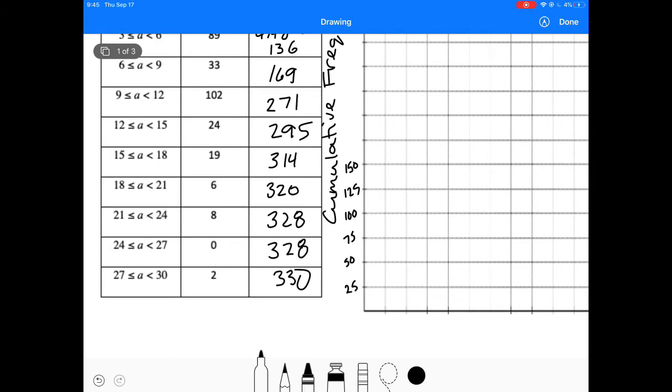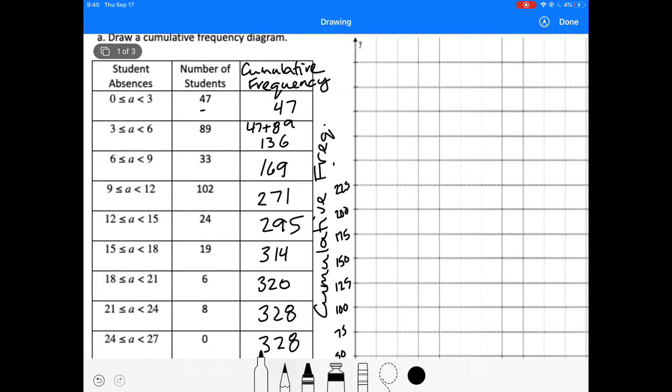etc. So you want to make sure that you're choosing values that are going to make it fairly easy for you to plot. So we've got 225, 250, 275, 300, 325, and 350. So we'll go up to there.